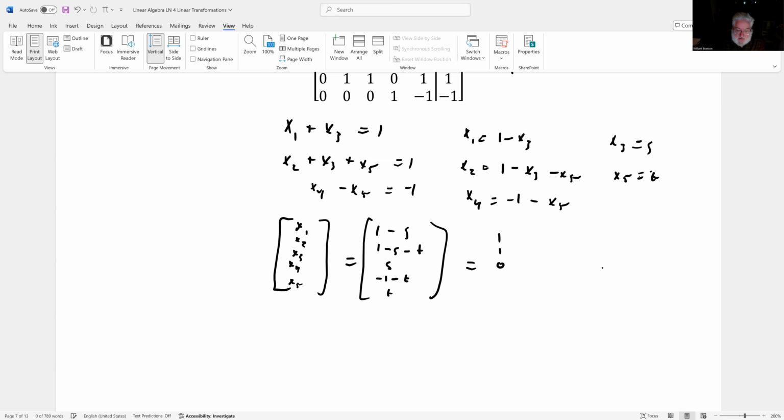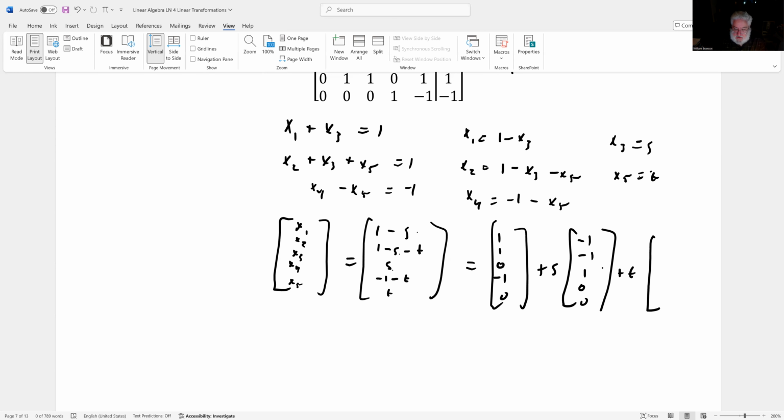We'll break out a vector, and then we'll have s, a minus 1 here, and a minus 1 here, and a 0 there, as those are the three terms that have s's in it, and plus a t, 0, minus 1, 0, minus 1, 1. So what does that tell us? Well, this is a solution, 1, 1, 0, minus 1, 0, and then plus any number times this vector plus any number times that vector.